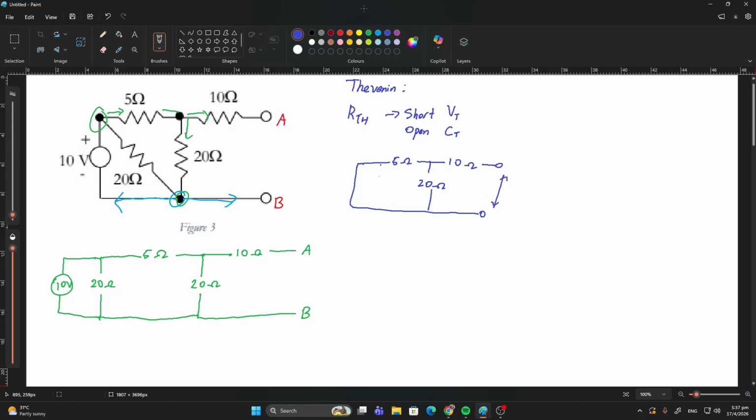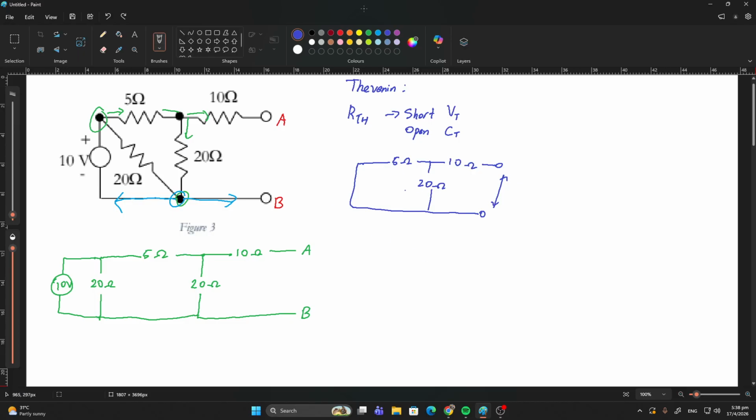Now notice why I didn't draw the other 20 ohms here. It's because when I shorted the voltage source, the current would rather take the path without a resistor. So in this case, the 20 actually just got quote unquote removed.